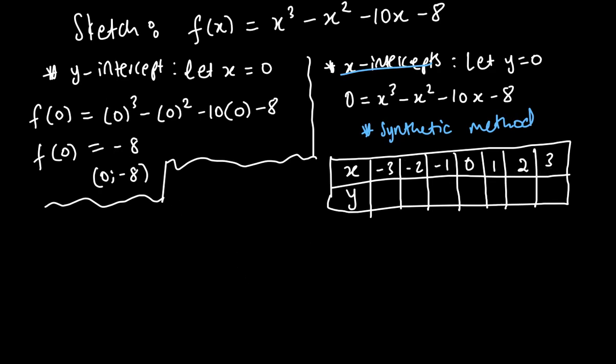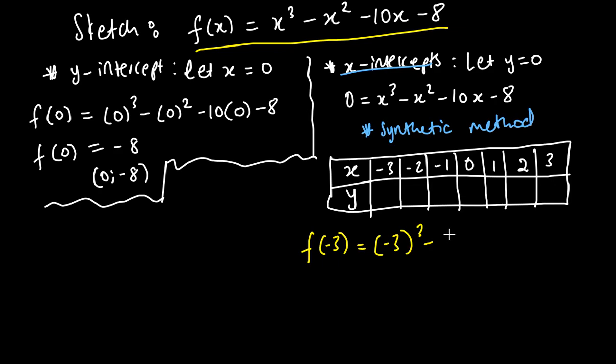So now how do we get the y values? Remember, to get the y values, you substitute these x values into the equation. Here is our equation, that is the equation for f. So you start with -3. f of -3 would be -3 cubed minus -3 all squared minus 10 into -3 and then minus 8.